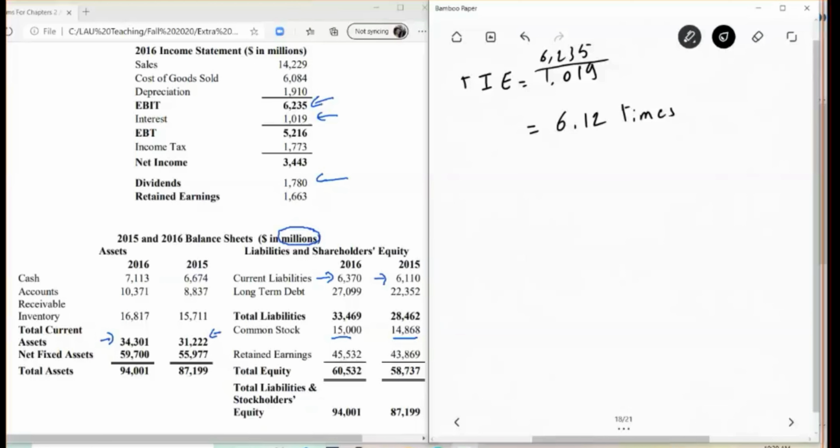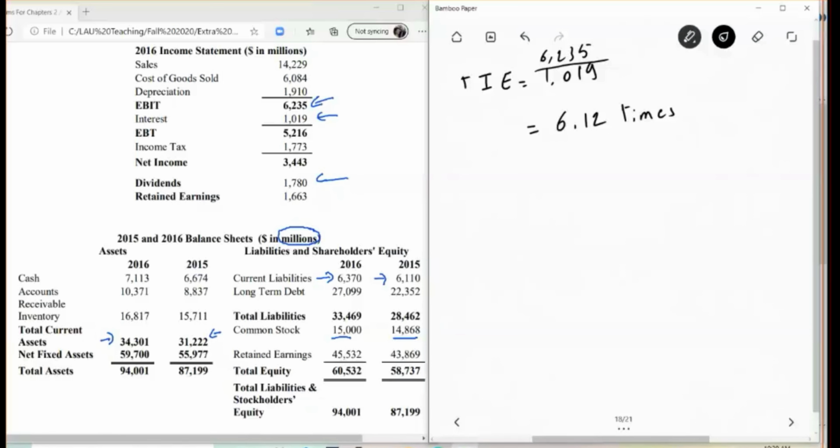So for every $1 in interest, the firm is generating $6.12 in operating income. Now, the higher that number, the better, because the higher the number, this will imply that the firm is easily able to meet its annual or quarterly interest expense.